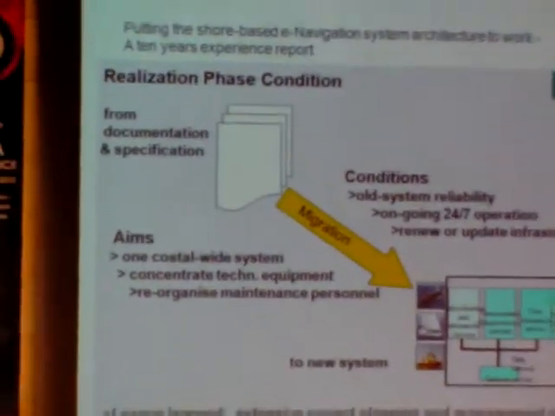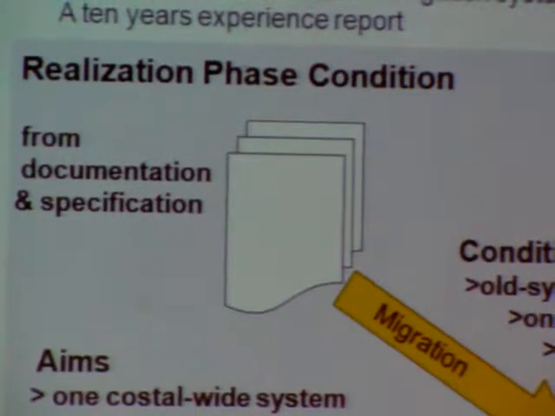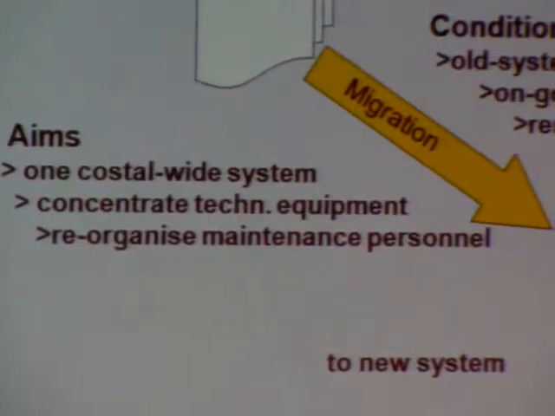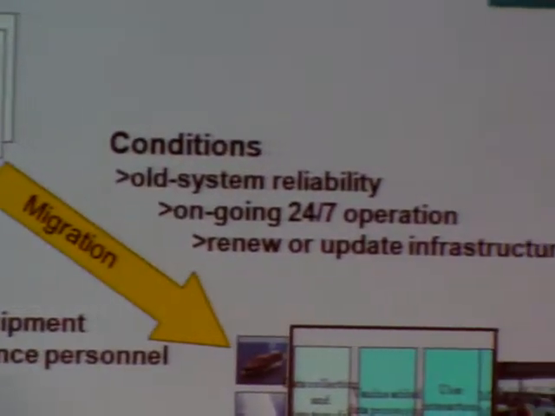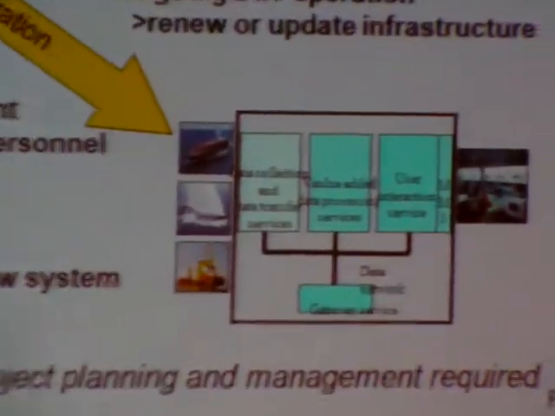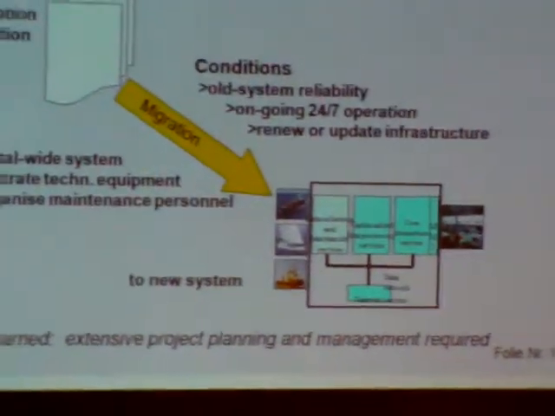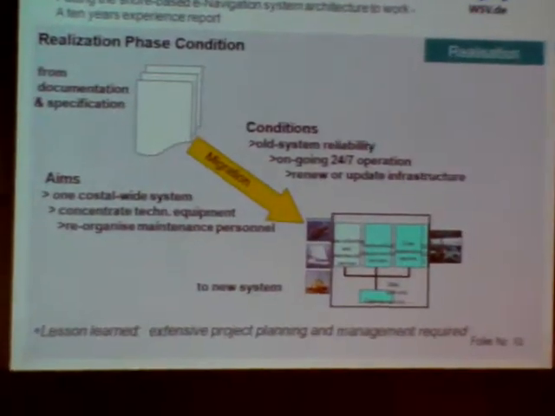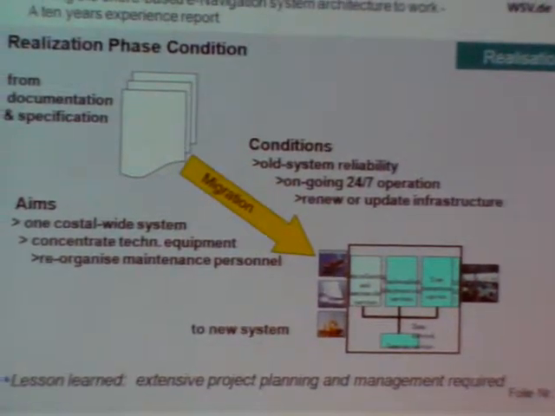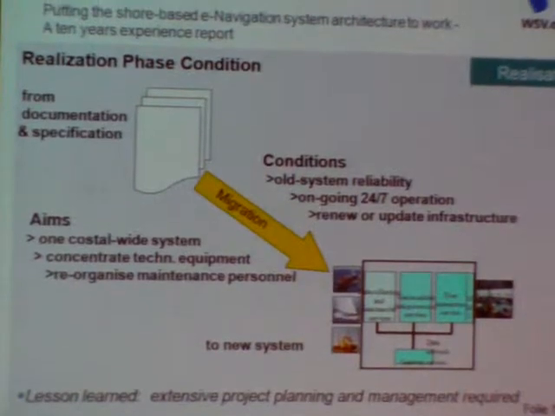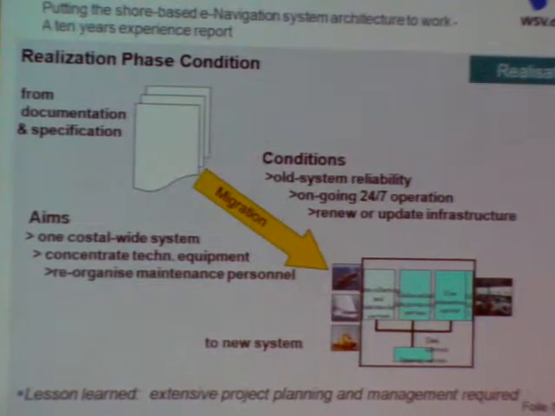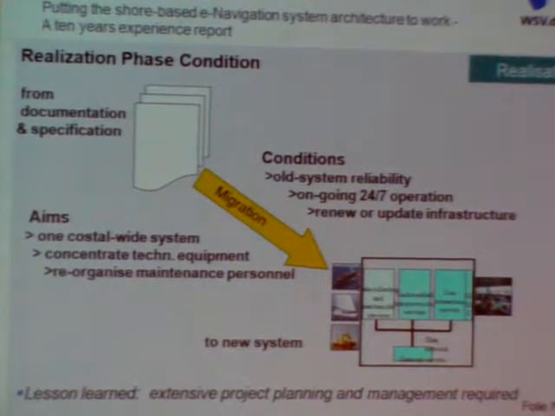Okay, up to now we only had paperwork with the specification, and we had our system running. Now we want to do the realization. We had some major aims, and I put them here to the left. That is, one coastal-wide system, concentrate the technical equipment, reorganize the maintenance personnel. And we had some conditions. Our old system became obsolete.